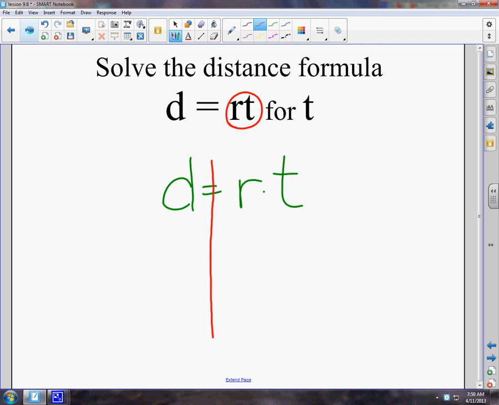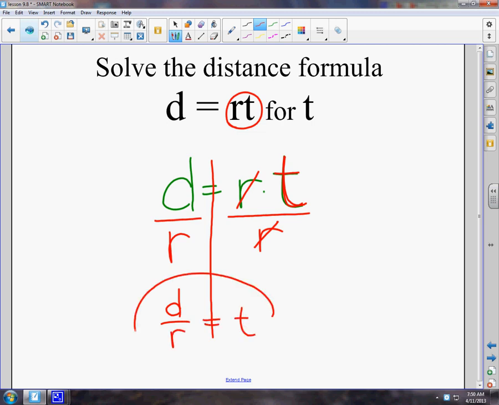If they're right next to each other, that means multiplication. So if I want to get just T by itself, I'm going to divide both sides by R. An R on the top and an R on the bottom cancel each other out, and I get D over R equals T. And that is my equation.